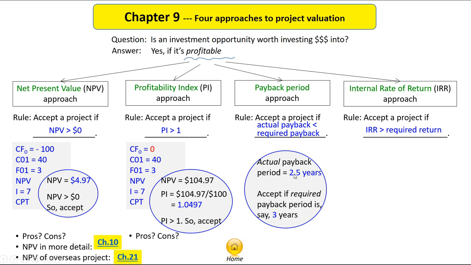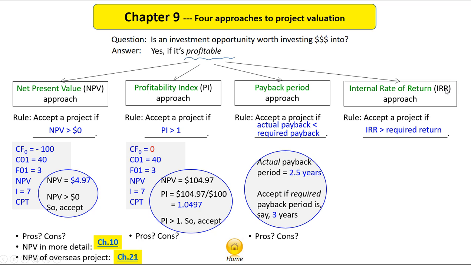And we need to then analyze this number by comparing it to our maximum number of years that we are willing to wait to get our $100 back. Let's say our required payback period is 3 years. So anything that pays back within 3 years would be considered a good project. If that's the case, in this particular example, our decision would be to accept this project. We also looked at pros and cons of the payback period approach.